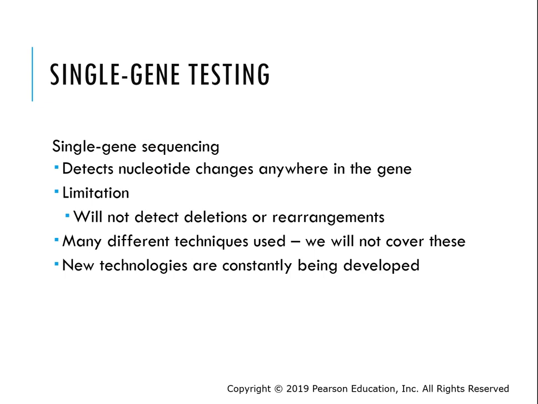I'm not even going to go through the technologies, don't worry about it, but it is ever changing. If you compare our abilities 10 or 20 years ago versus now, we really have the technology now to detect some of these single gene changes where we didn't 20 years ago. And I'm sure in another 10 years, we're going to have an even newer technology that's going to be even more useful.